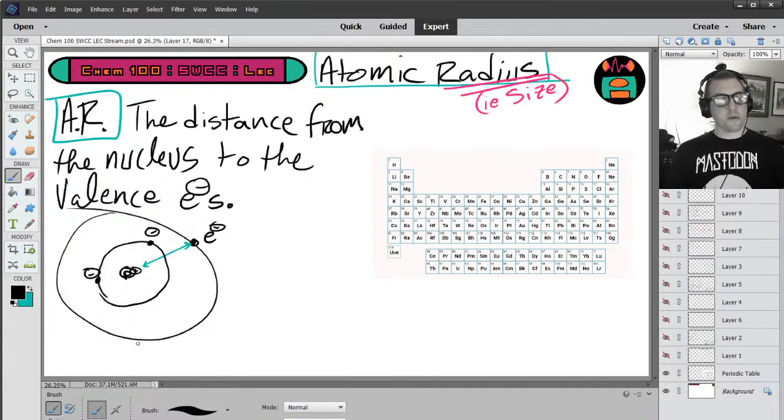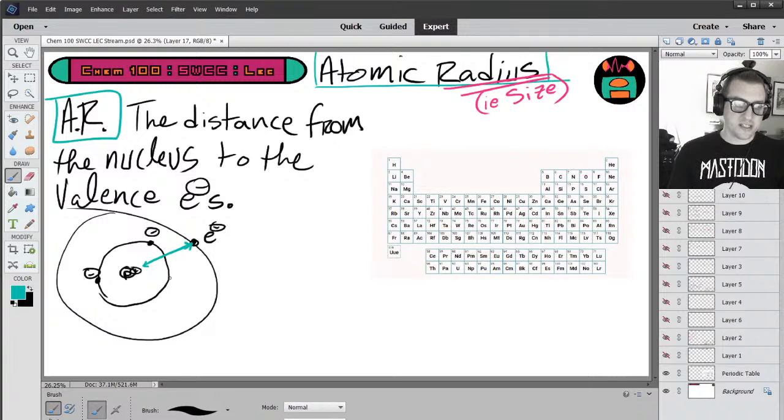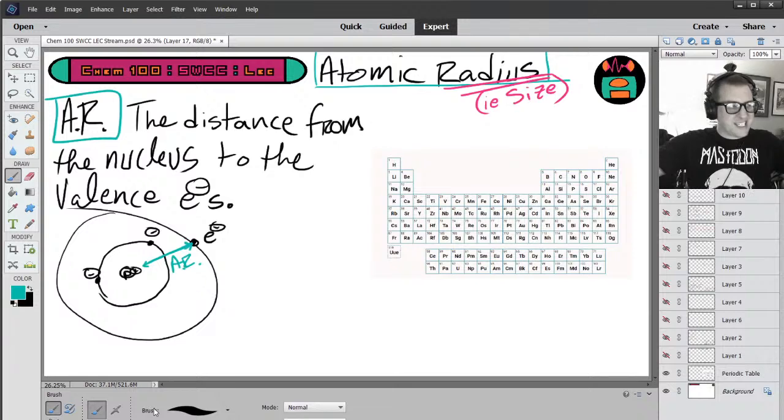But the atomic radius is the distance from the nucleus to the farthest flung electron, right? So that shows you how big the atom is.